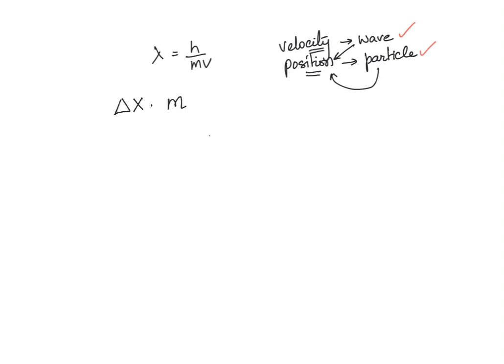Delta x multiplied by m delta v is greater than or equal to h over 4 pi. This is known as Heisenberg's uncertainty principle, named after the scientist Heisenberg.